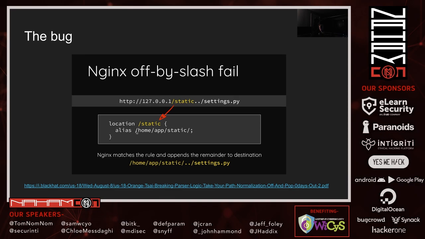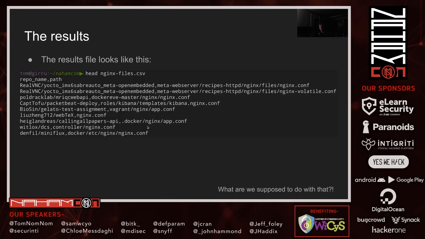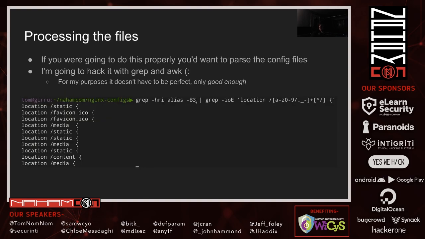So there'll be the word alias, and if I get a few lines before that, it will probably also include the location block too. And then from that output, I'm going to regrep case insensitively, only include the matching part of the output with extended regular expressions for the location part. And I'm looking for things that look like regular paths, so A to Z, 0 to 9, slash, dot, underscore and dash, that do not end in a slash.